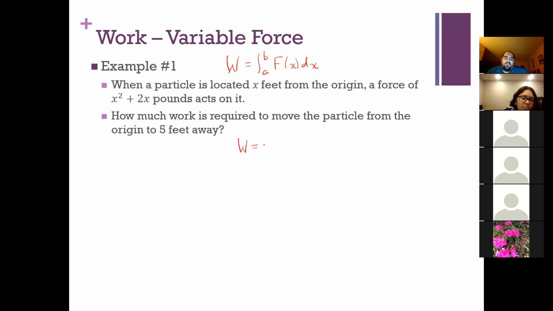What should our limits of integration be? Zero to 5. And how about the integrand? What function are we going to integrate? X squared plus 2x. Yep, x squared plus 2x.